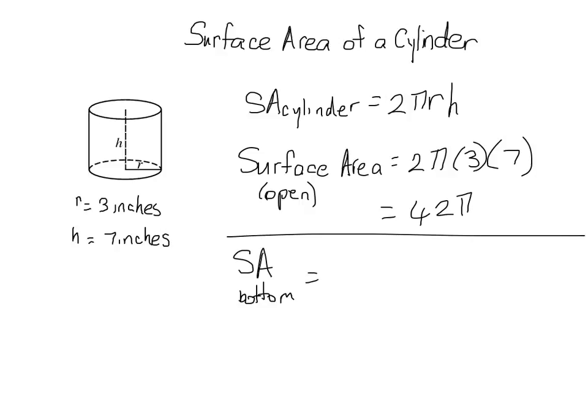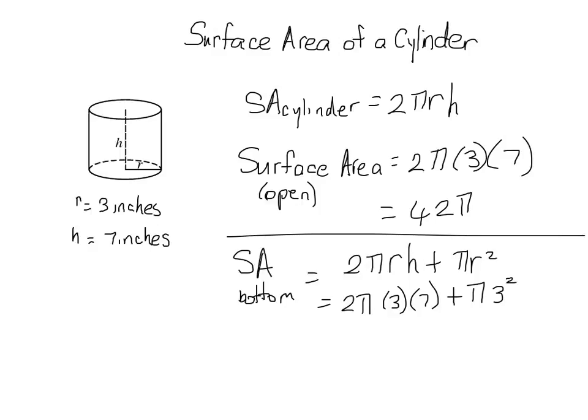So now with a bottom, it becomes 2 pi rh plus, then we have to add the circle for the bottom, pi r squared. So in this example, 2 pi times 3 times 7 plus pi, radius 3 squared, for that circle added to the bottom. All right, great. So we get 42 pi plus 9 pi, which gives us 51 pi.